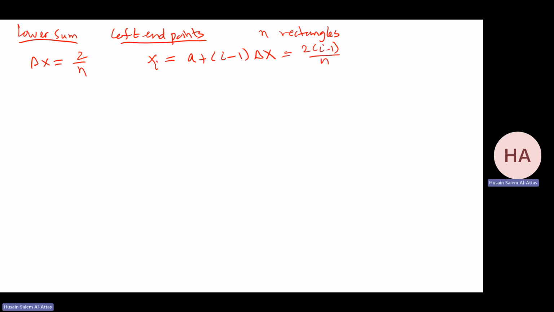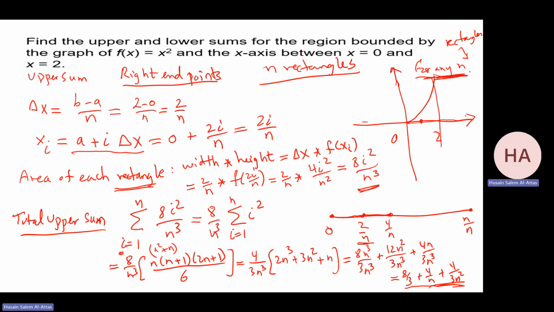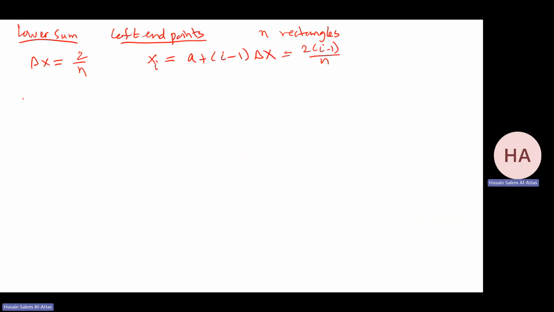I will do the same calculation now. What will be the area of each rectangle? It will be delta x times f of x sub i minus 1, the previous one. Usually they call it i minus 1.